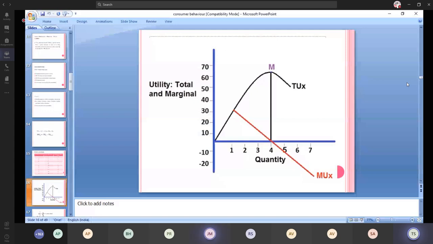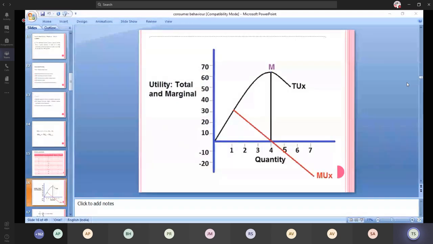Yes, ma'am. But the initial value of both should be same, no? Initial value of total utility and marginal utility both should be the same. Yeah, okay, both should be the same. So this is the diagram which I attached for online classes alone. If we are in the classroom, with the table, I'll draw the diagram and show you.